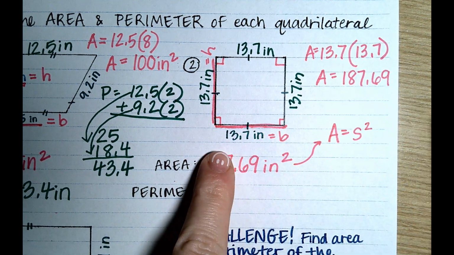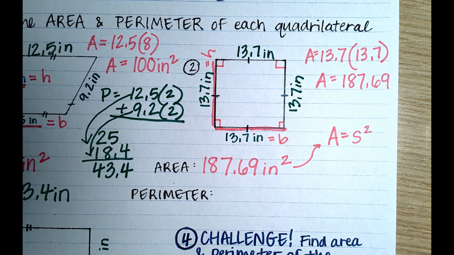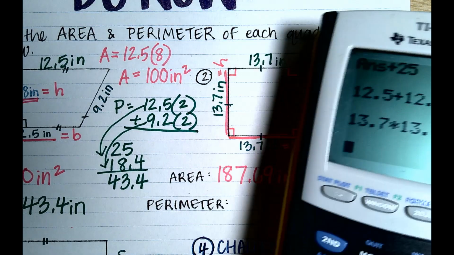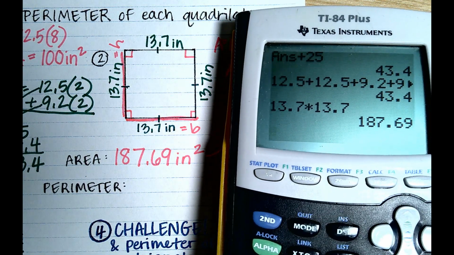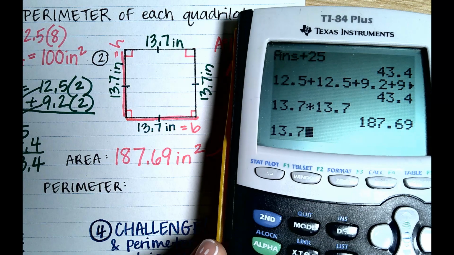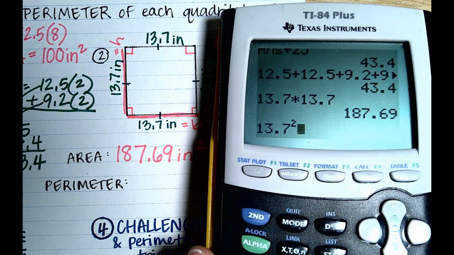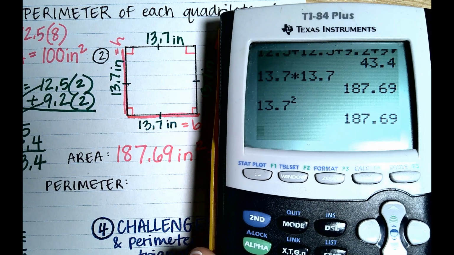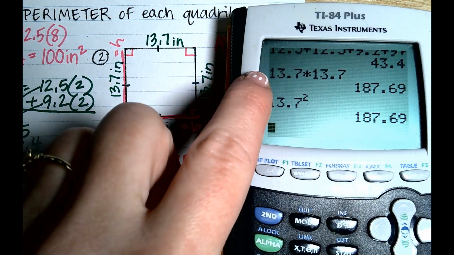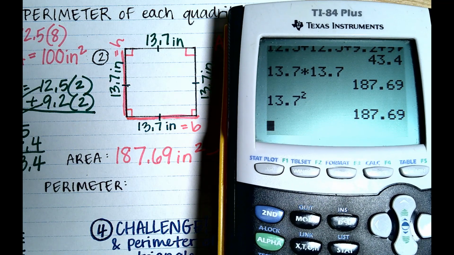So I could take 13.7 squared in my calculator and get that same number, and I'll show you that. 13.7 squared, enter. Kind of cool, because remember, squared just means taking that number times itself, and that's what we just did. Another way to do it.